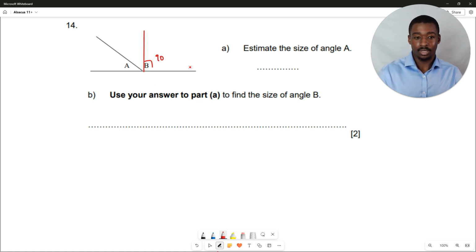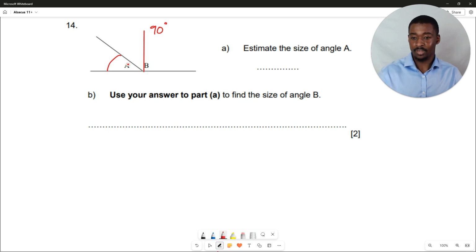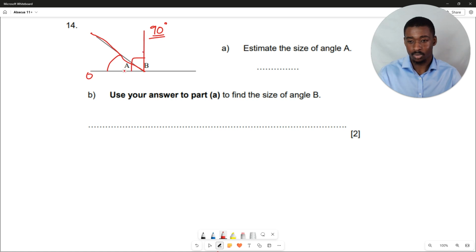So if we take the size of angle A over here, we already know that it has to be less than 90 degrees because 90 degrees is our right angle. And then if you also compare it to 90 degrees, it kind of looks halfway between our 90 degrees and our 0, all the way over here.